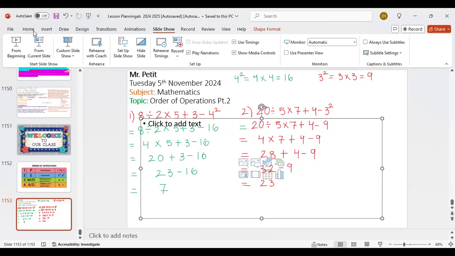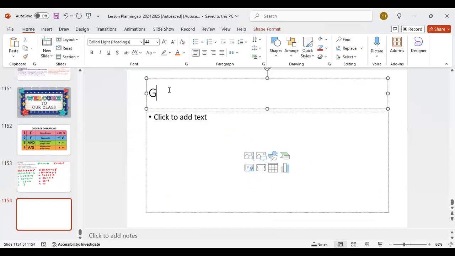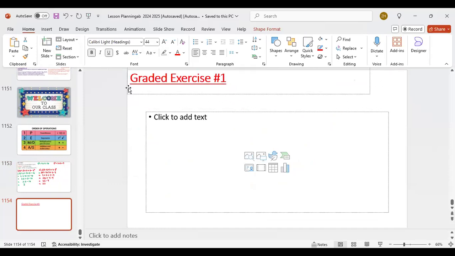All right, let's move on to the grade exercise. I'm going to give you all three of them. Exercise number 1. Okay, one second, I'm going to bring it back to that first slide.